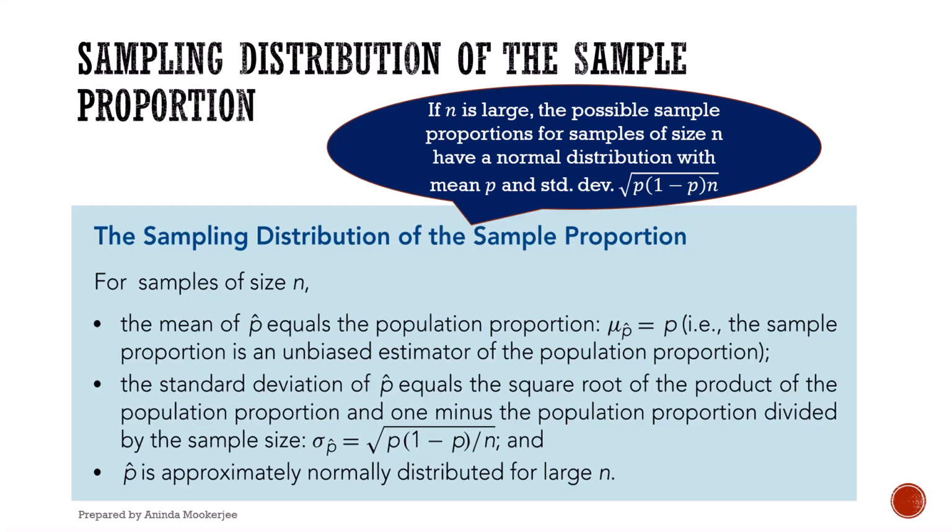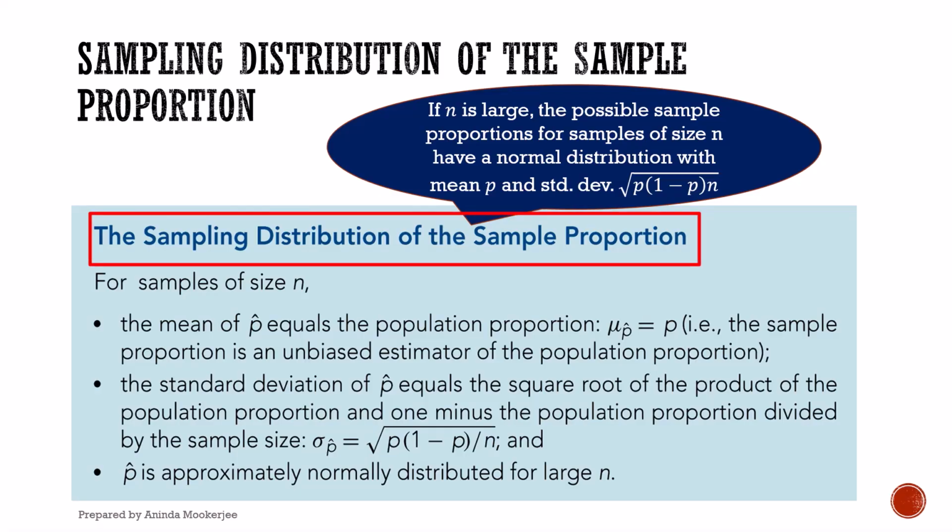Now let's talk about the sampling distribution of the sample proportion. Before we perform any inferential study, whether it's on means or on proportions, we have to know what the sampling distribution of the sample mean or the sample proportion is. What do we understand by sampling distribution of sample proportion?